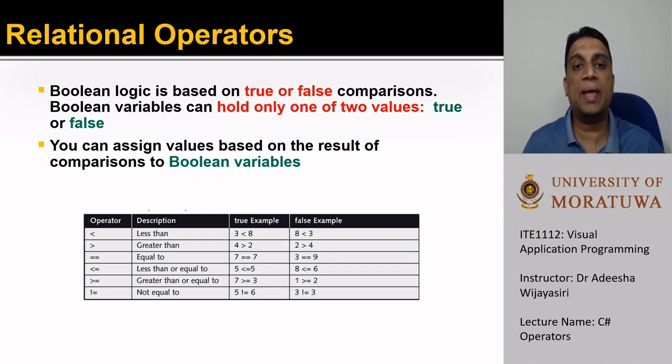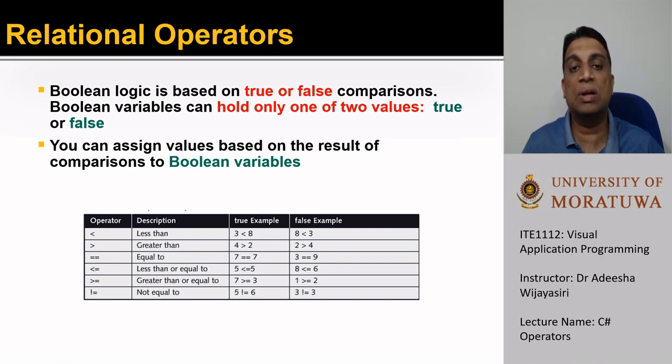Similarly, greater than operator returns true if the left hand side operand is greater than the right hand side operand, or false otherwise. Two equal signs denote the equality operator. It returns true if its operands are equal, or false otherwise.